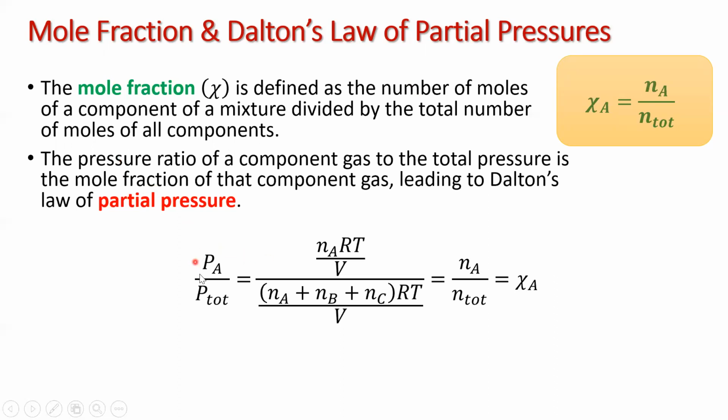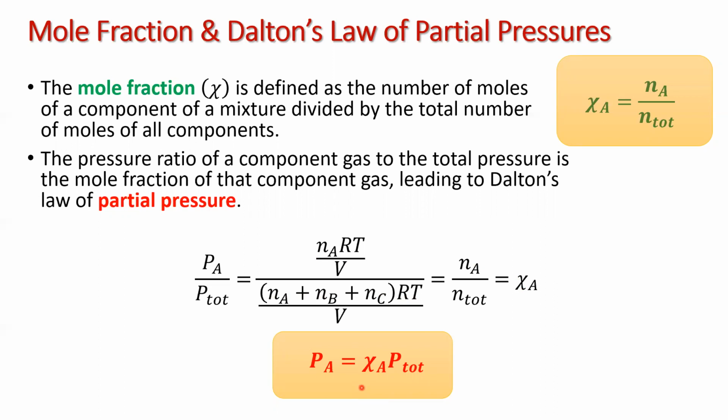So the partial pressure of gas A divided by the total pressure would equal the number of moles of A times RT over V, divided by the moles of gas 1 plus gas 2 plus gas 3 times RT divided by V, and that equals our mole fraction of A. We can manipulate that a little bit, and here's the equation that relates the mole fraction of A to its partial pressure.